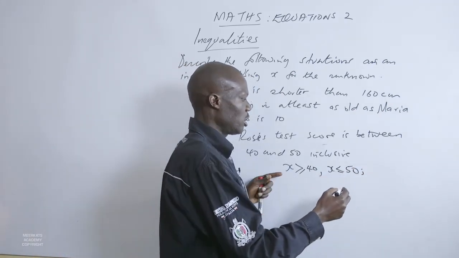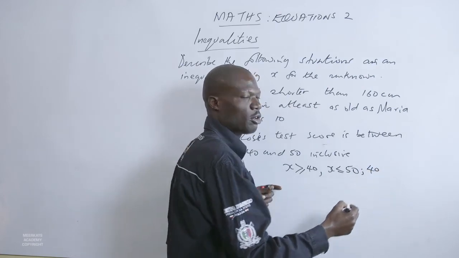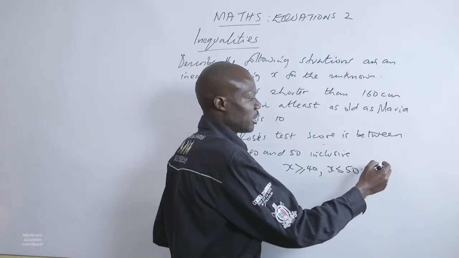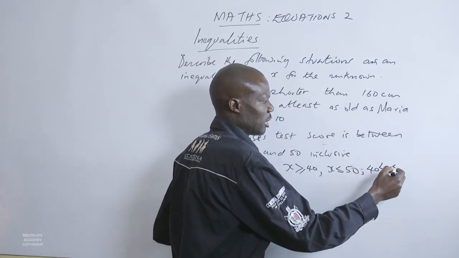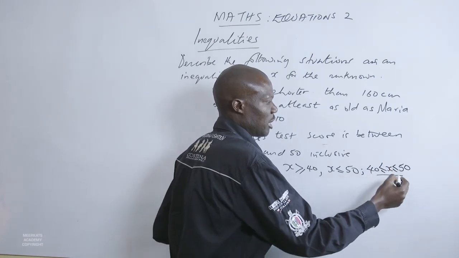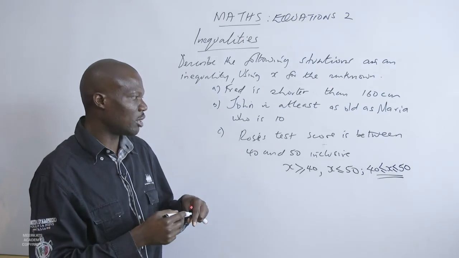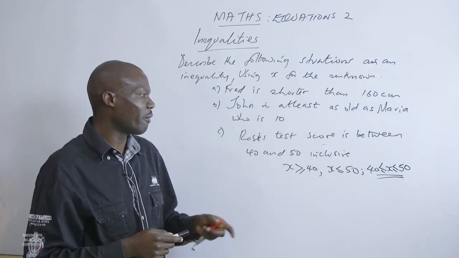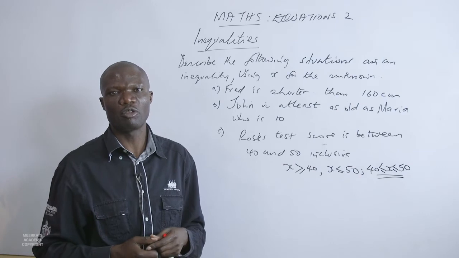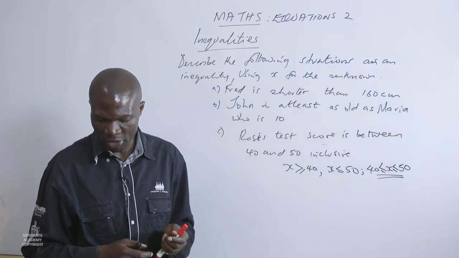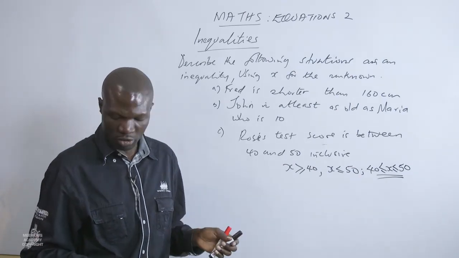That means the least score is 40, which is less than or equal to x, which is less than or equal to 50. Now we have been able to show the range of the test score for Rose, which will range between 40 and 50 inclusive.